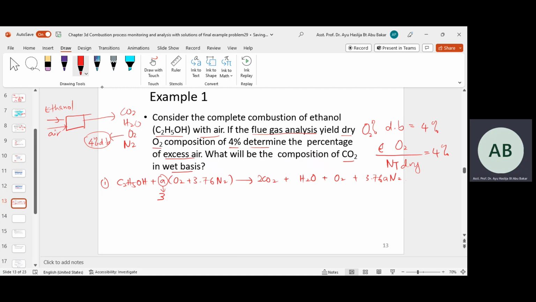Y over 2, right? So Y refers to the H, which is 6, so 6 over 2. So you get 3. Now O2 is unknown, we put it as B. Now this one you can calculate as 3.76 multiplied by the A. In order to determine the excess air, what are the inputs that you require?